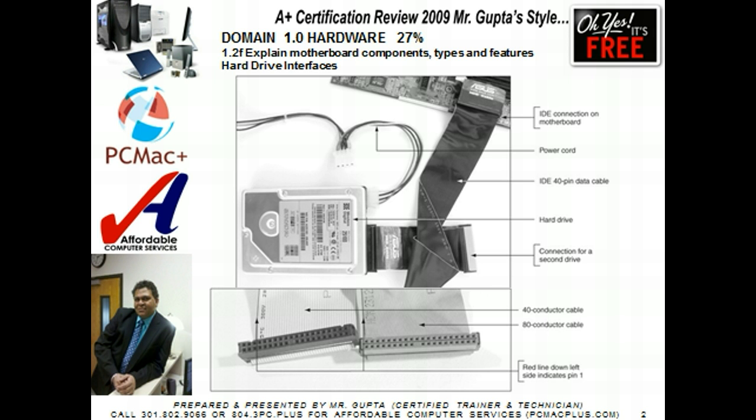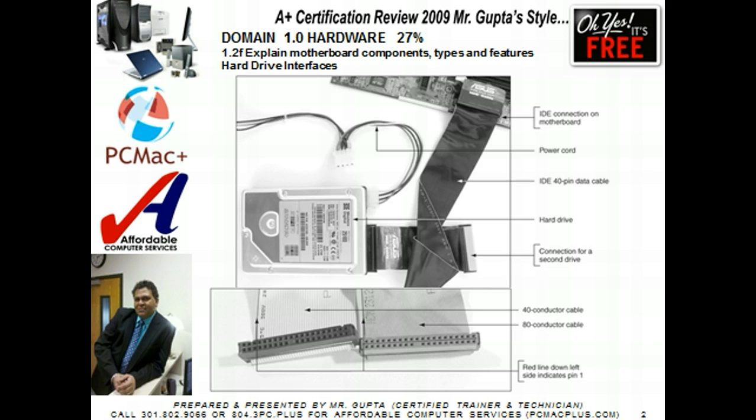Under parallel ATA, 2 types of ribbon cables are used. The older cable has 40 pins and 40 wires. The 80-conductor IDE cable has 40 pins and 80 wires. 40 wires are used for communication and data, and an additional 40 ground wires reduce crosstalk on the cable.